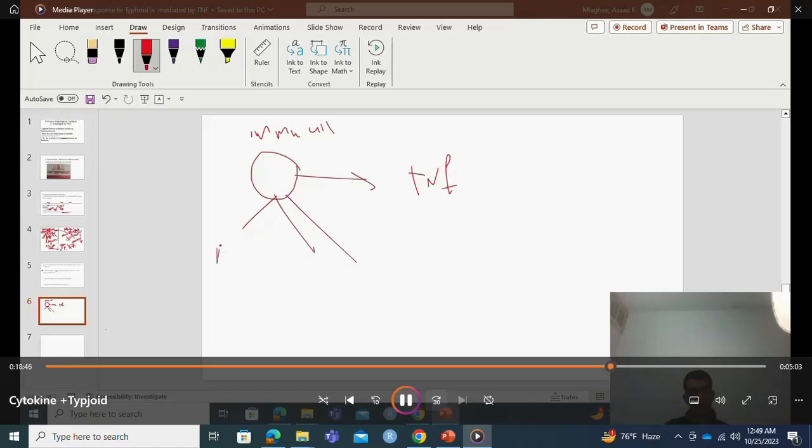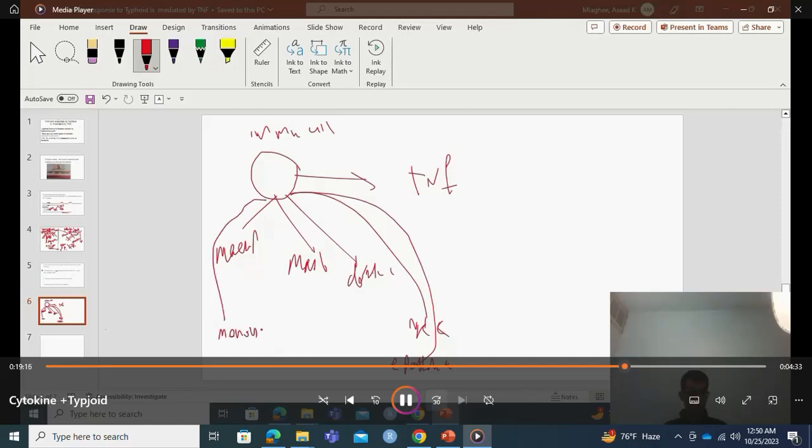Macrophage, mast cell, dendritic cell, NK cell, epithelial cell, and also monocyte. One, two, three, four, five, six. These produce the TNF, which gives rise to the inflammatory pathway.